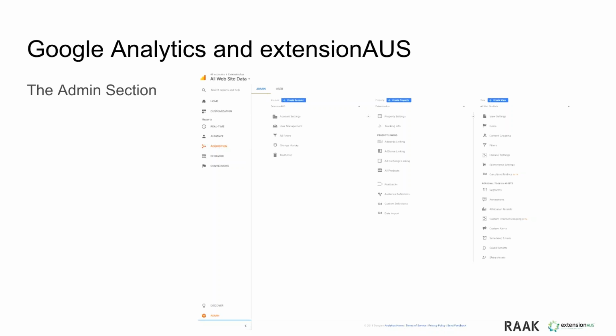There's nothing exciting, but obviously this is where all the stuff is managed. People can get access to the account, but you can also have users for the property only, or even further below. This is where you would set up your views, and this is where you would set up your segments and your filters.